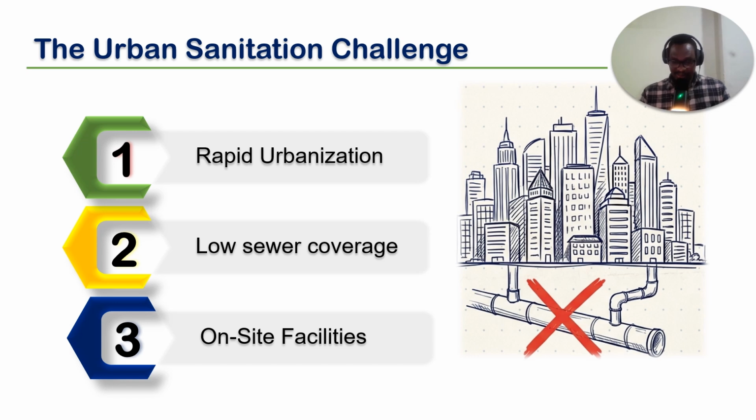Those that are unlined, in most cases, the end result, when they are full, is backfilling or abandonment. Then you go to another space. Now, this has got an effect on groundwater sources and even in some cases the surface water. Whereas those that are lined, sometimes the end result, especially during the rainy season, you would experience overflows when they are full.